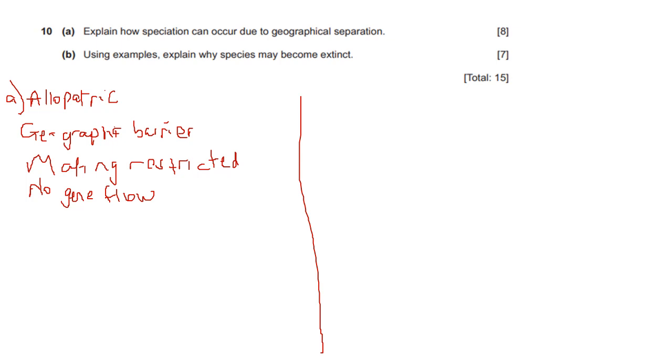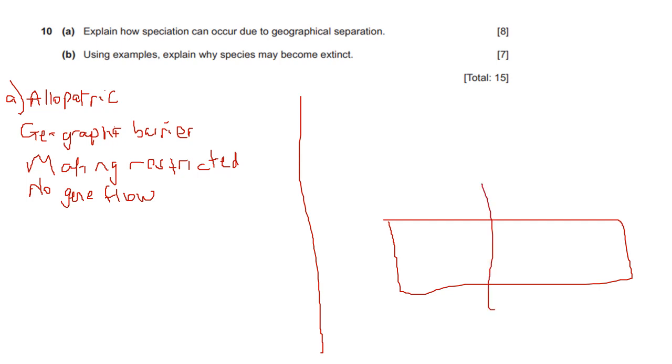If there is no gene flow between the two groups, different mutations will start to occur depending on where they are. Let's assume, for example, there is a vast piece of land. I'm just going to try to draw something here. This is a vast piece of land, but some river starts flowing through it, and eventually it becomes a river pathway.